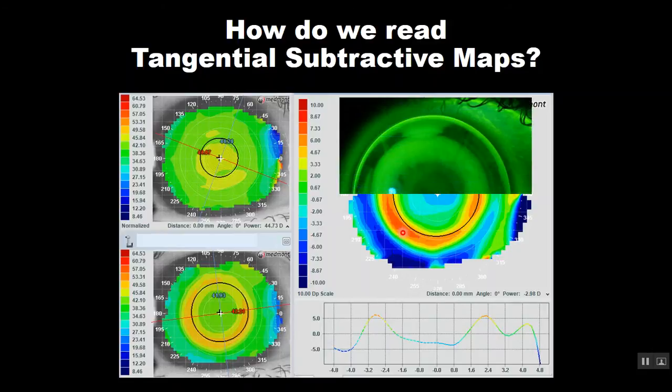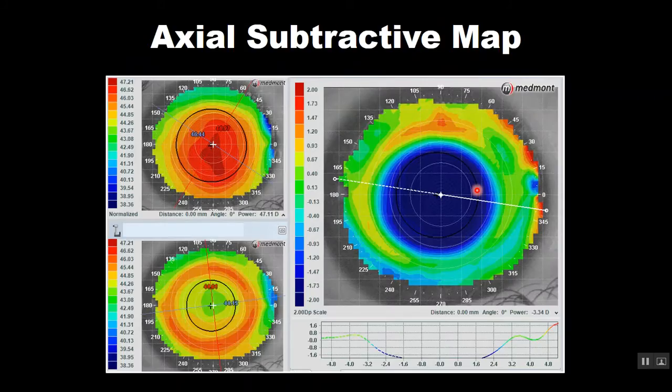If we were to overlay the fluorescein pattern, we see that that hot contour was created by the thick fluid layer, the reservoir that is trapped by the flat base curve and our steep reverse curve junction. So that's what gives us the suction force. And where that suction force is, that red ring or orange ring will tell us where our lens was positioned in the closed eye environment.